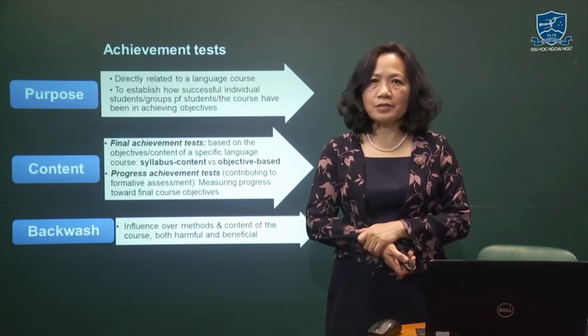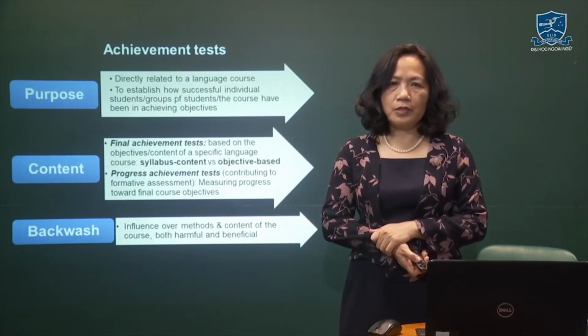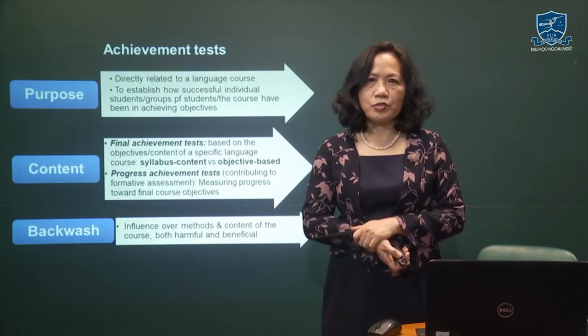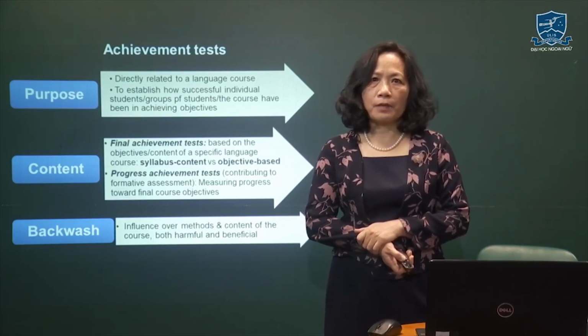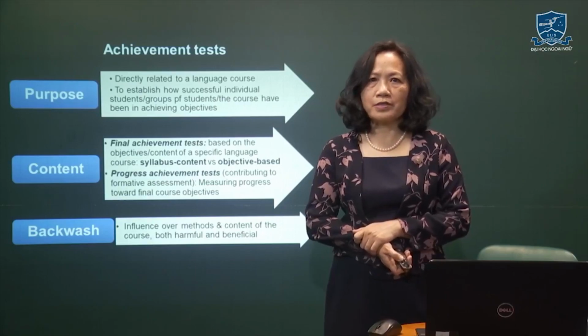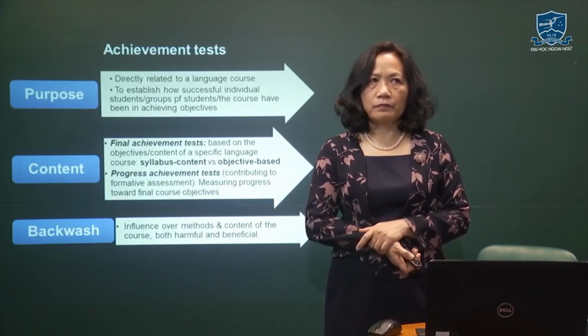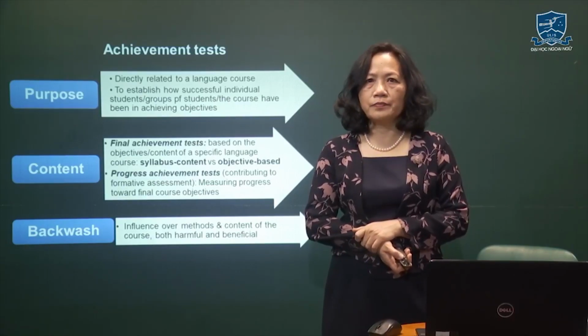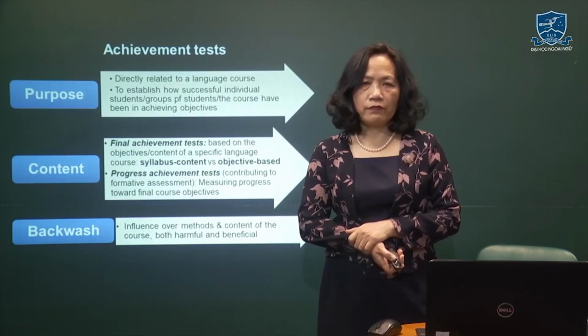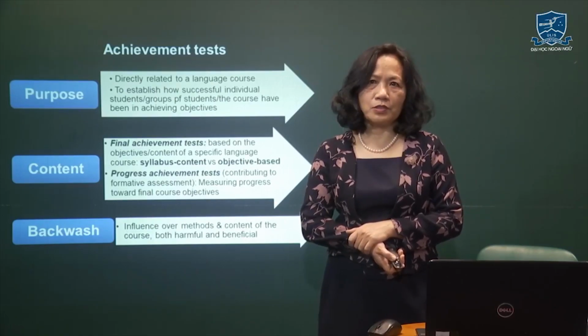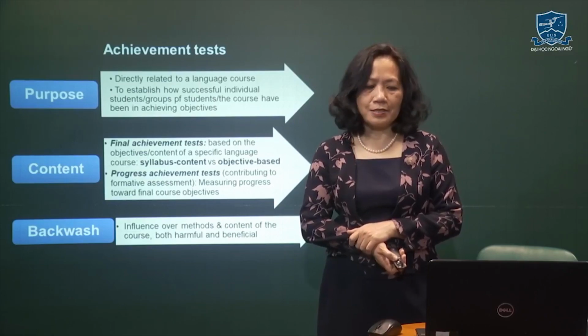And for progress achievement tests, we just test students' progress or learning results after a part of a course or after a period in a course, after some units or some lessons.